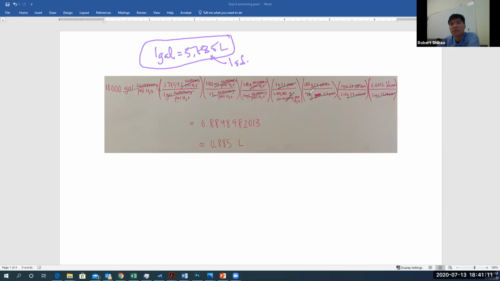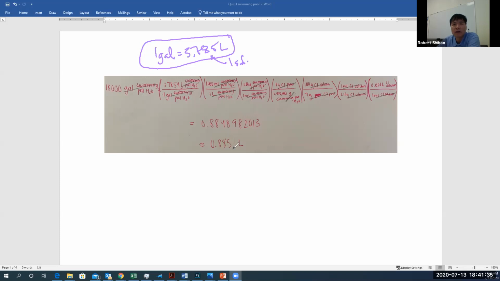If they made it to 7% chlorine exactly, then this is how much we'd need, and we'd get it to 3 sig figs, because the densities have 3 sig figs here. And densities aren't good beyond 3 sig figs, I think. All right, so that's 885 milliliters.